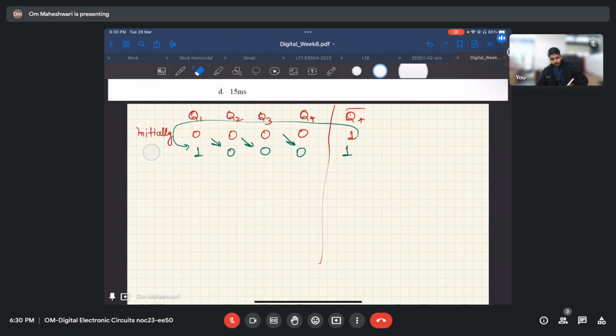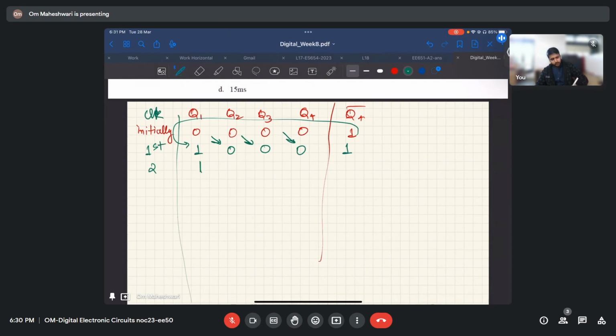In the second cycle, this one will come here, this will go here, and this will be 1 again. Third cycle, this one will come here, and these will shift. Again Q4 bar is 1, which will be the input here, and these ones will shift.